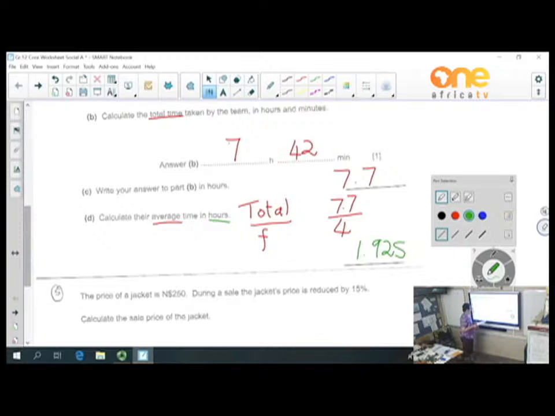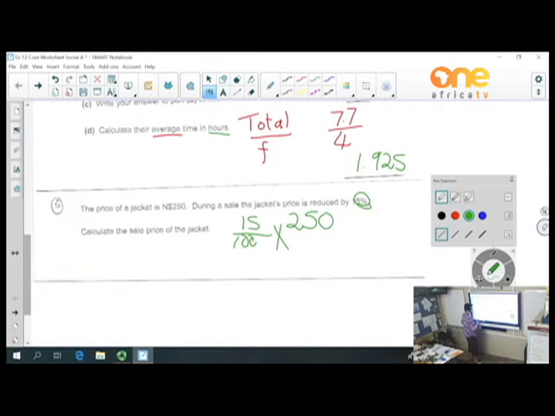The price of a jacket is $250. During a sale, the jacket's price is reduced by 15%. Calculate the selling price. Now, here's always 2 methods. We can say 15%. Look, that sign means over 100 of the 250. Then we get the reduction, and then you still have to subtract it. Or you can first subtract it from 100% and then calculate the price automatically.